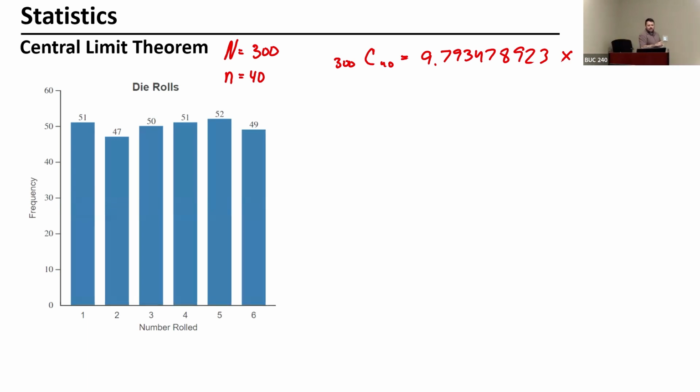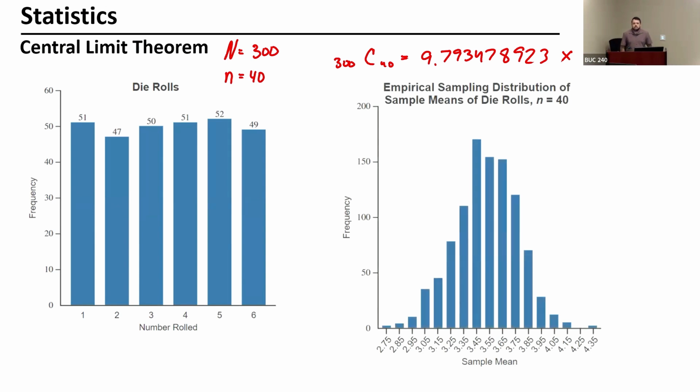So that's basically 9, move that decimal over 49 places. And that's how many possible combinations there are. And if you did that, there's your curve.